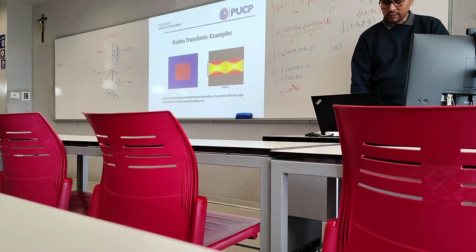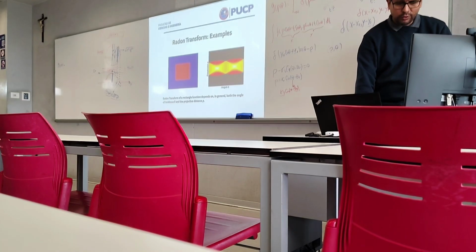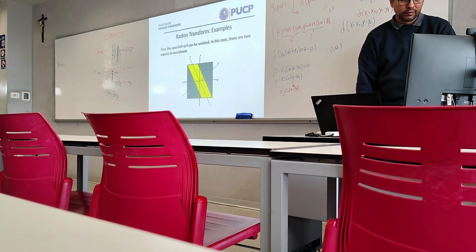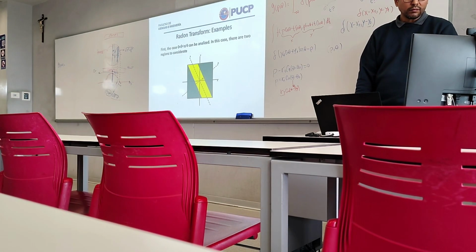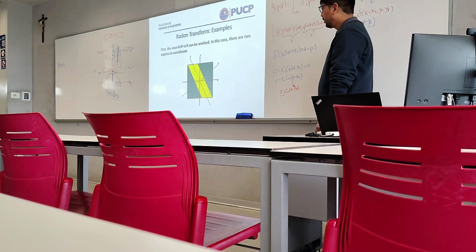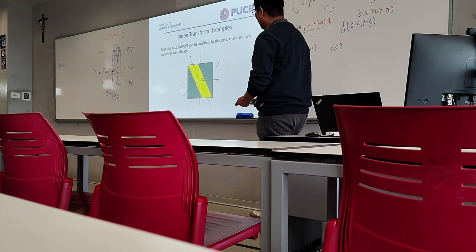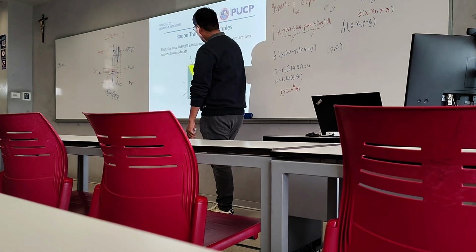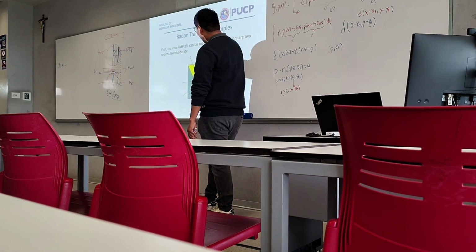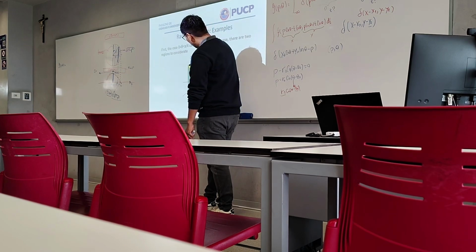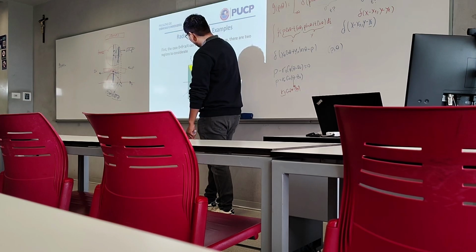Doing the geometry part of the projection will be easier or more difficult. In this case, the solution is more or less like this, right? When you have an angle less than 45 degrees, the projection is basically all these lengths.